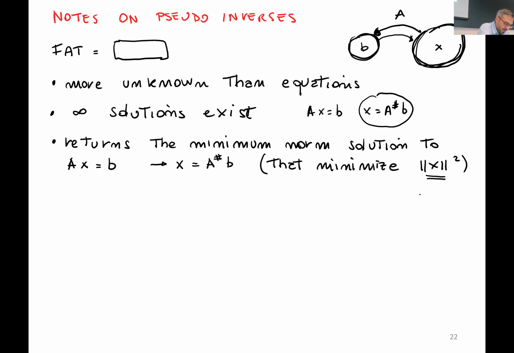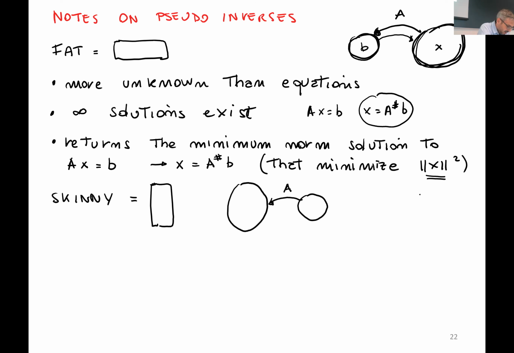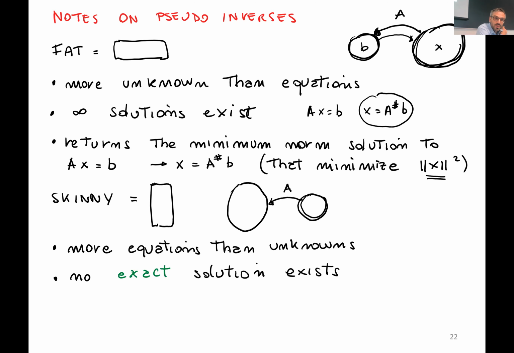So we have infinite x and we get exactly the minimum norm one. In the case of a skinny matrix, instead, we are mapping from a smaller set to a bigger one. So you have more equations than unknowns, and an exact solution doesn't exist.